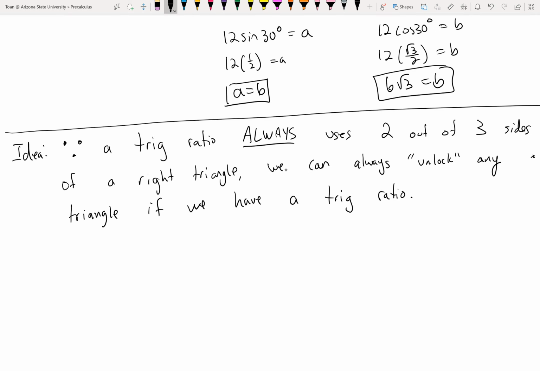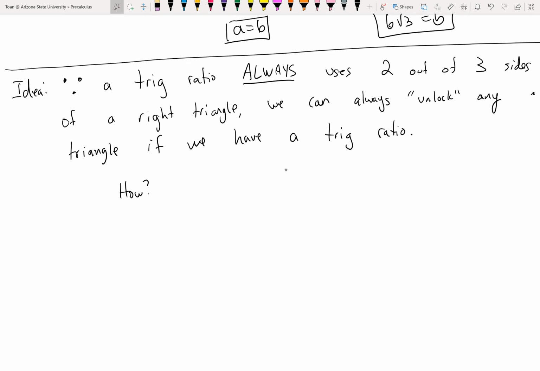Of course, the question is, how? Right? How is that possible? Why is knowing 2 sides out of 3 of a right triangle, if I'm given a trig ratio, how does that unlock the entire triangle?